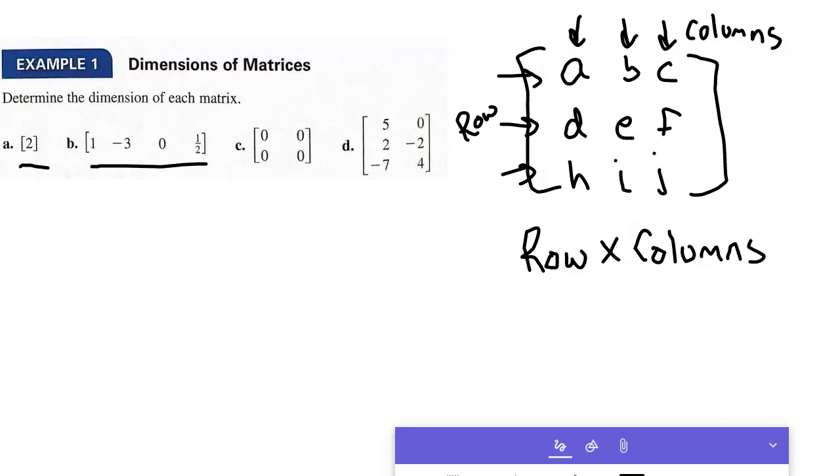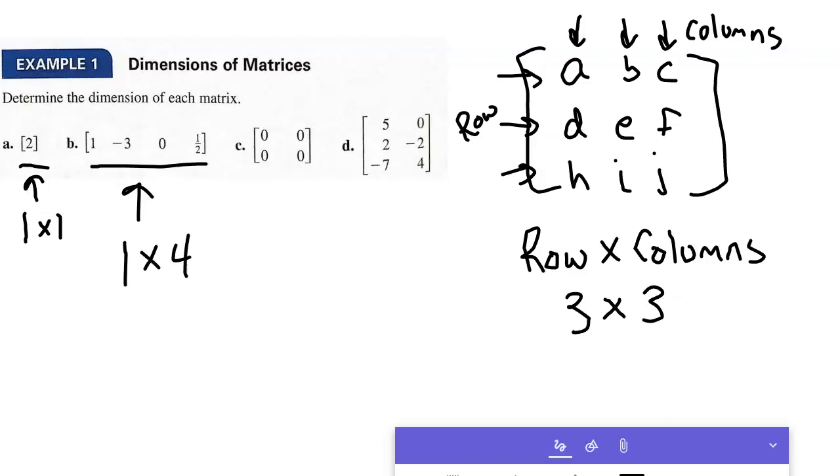This particular one would be a 3 by 3 matrix because I've got 3 going down and 3 going right. If you just have this one number inside of a matrix, that is a 1 by 1 matrix for A. B, you only have one row, but you have 1, 2, 3, 4 columns.